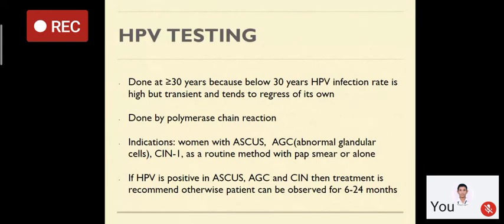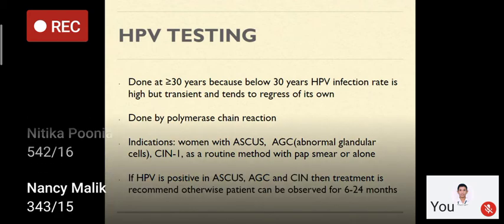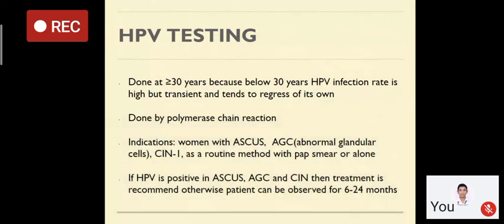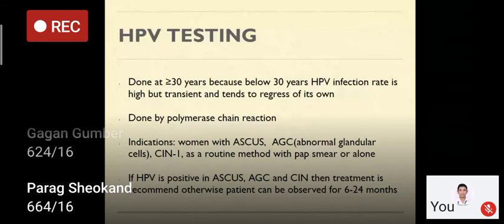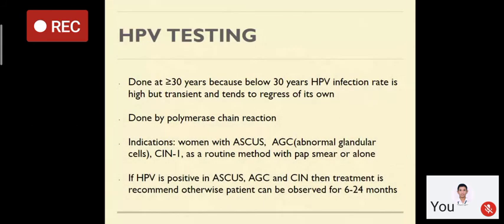It is done by the polymerase chain reaction principle, and the indication is when the woman has a report of pap smear or LBC as atypical squamous cells of undetermined significance (ASCUS), or abnormal glandular cells, or CIN1, as a routine method with pap smear or alone. If HPV is positive in ASCUS, AGC or CIN, then treatment is recommended.